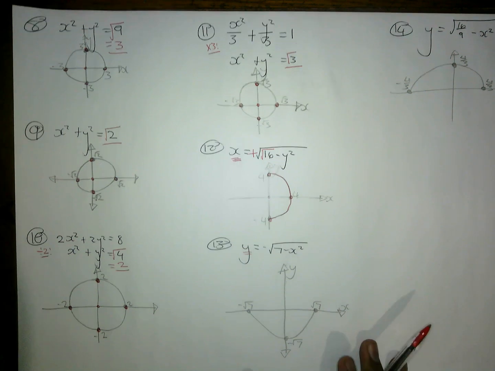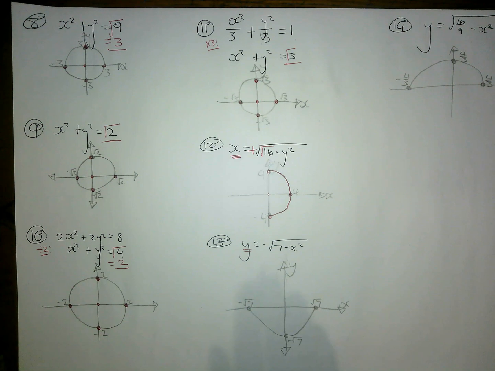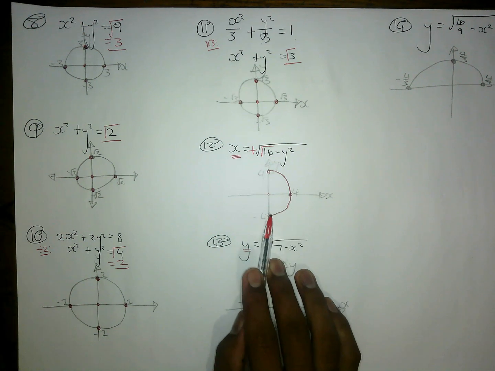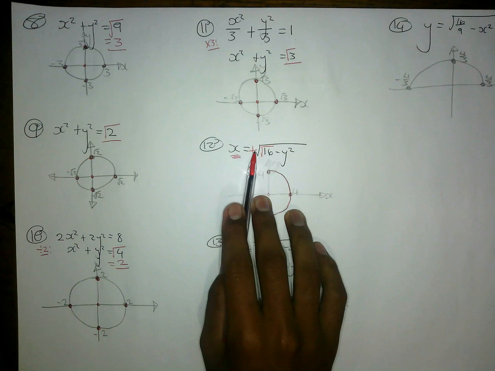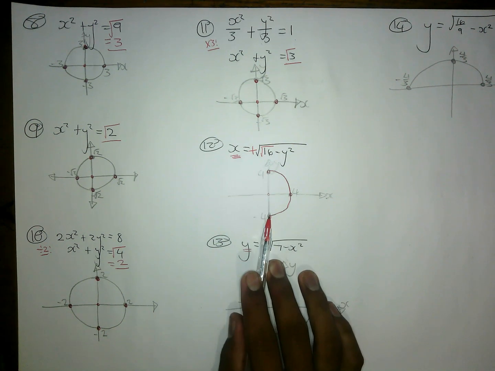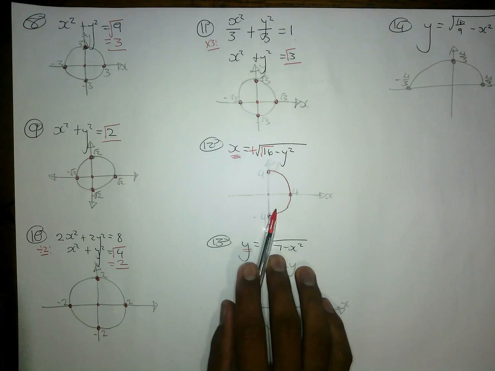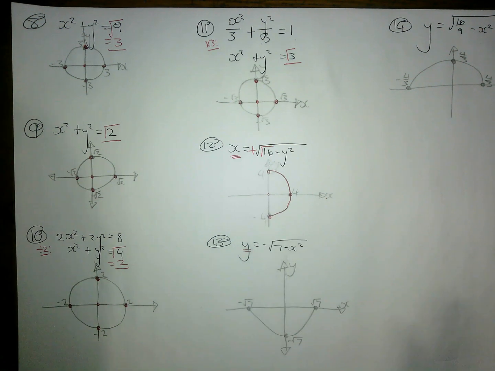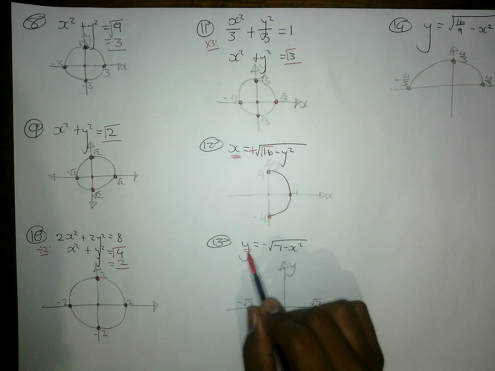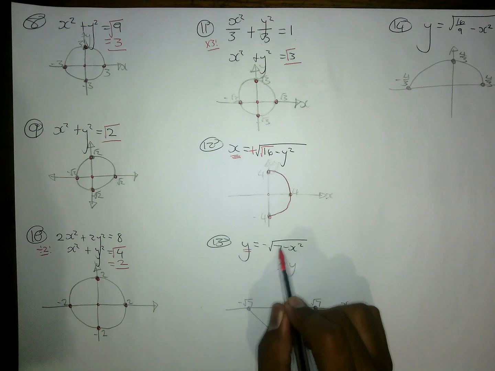Just to make a differentiation so you know which way the half is going. If it's x equals, it is passing through the x-axis. If it was negative, it would go this way, passing through the x-axis, but yet it's passing through the positive side of the x-axis. Okay. So again, the very same thing. Here we have y equals negative square root of 7 minus x squared.